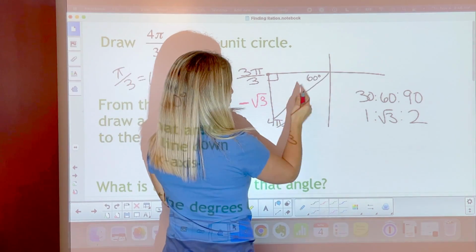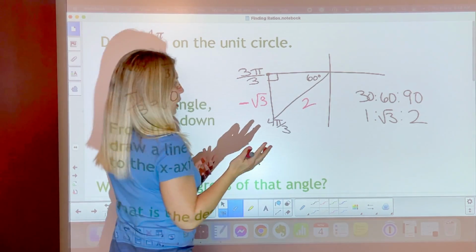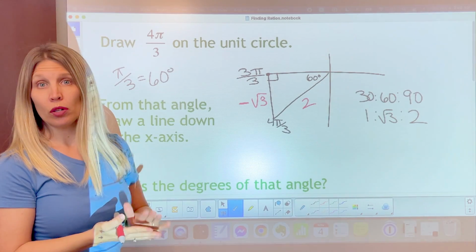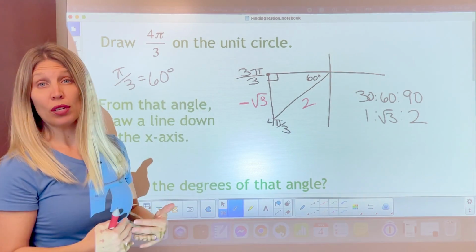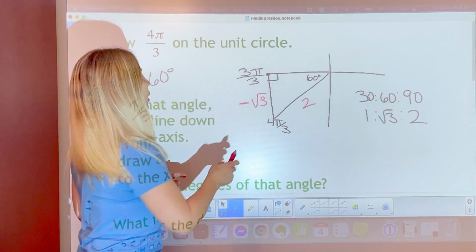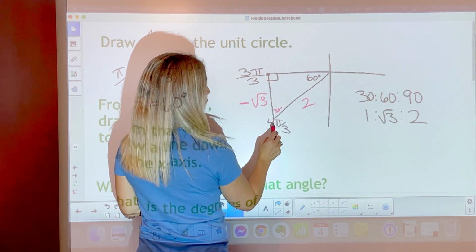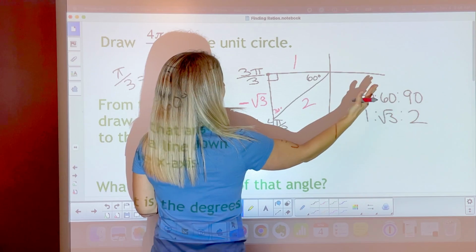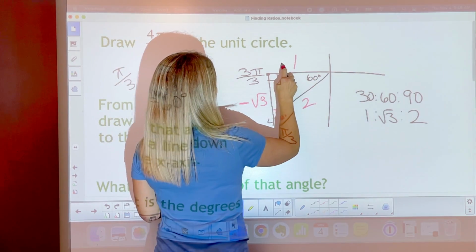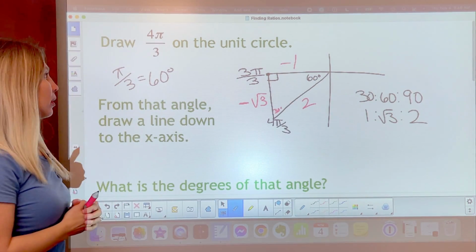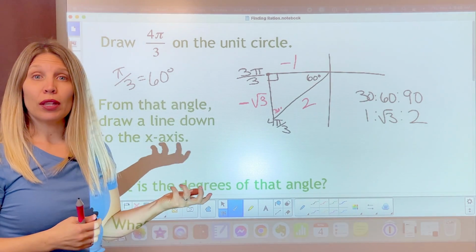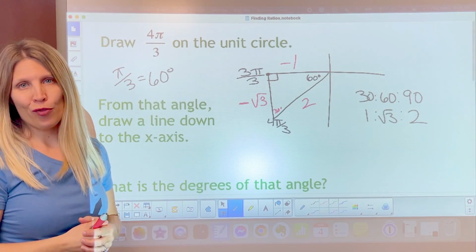Your hypotenuse is always going to be positive, because if you think of a squared plus b squared equals c squared, when you take the square root, it's going to be positive, right? And then our x value, so the 30 degrees is down here in the corner, is 1, but again, because we're to the left of the origin, it's going to be a negative 1. So this is how you would label that triangle for 4 pi over 3.